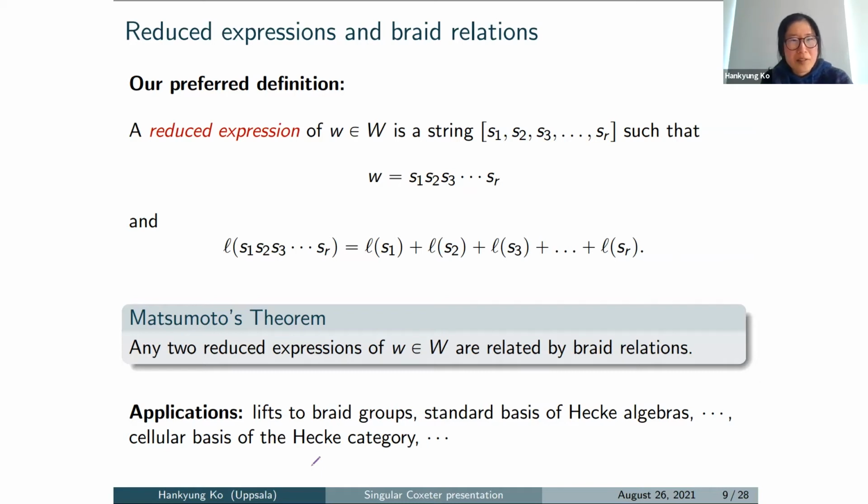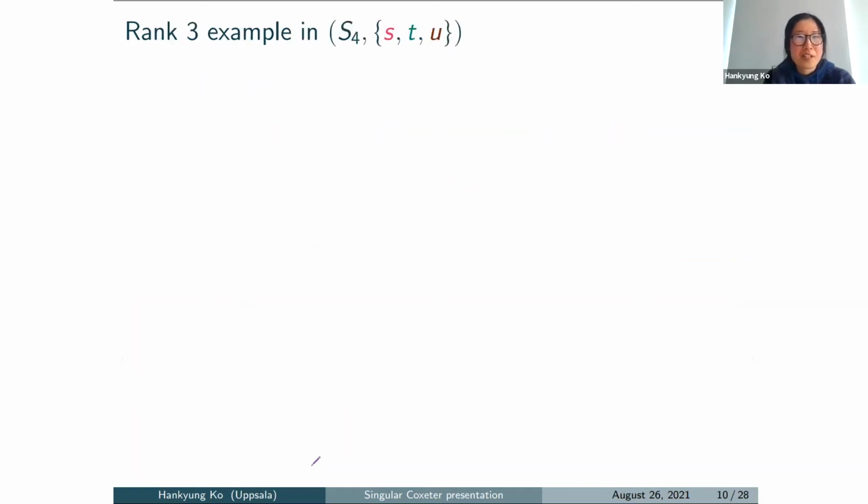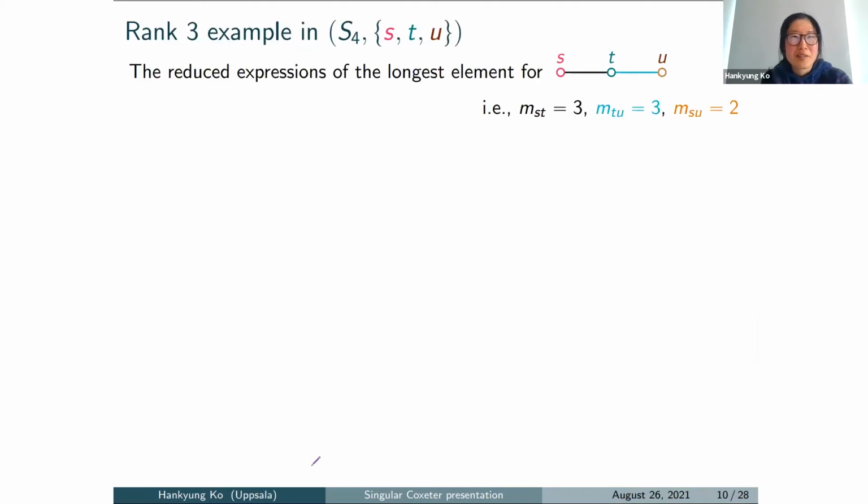Okay, an example to illustrate Matsumoto's theorem. Here I want to go one rank up from before to give the symmetric group on 4 letters. It has 3 generators, S, T, U. What I drew here is what's called the Coxeter diagram.